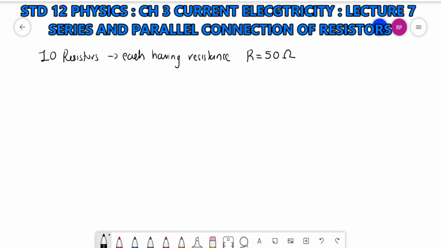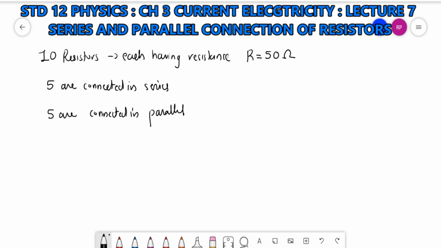Now, 5 are connected in series and 5 are connected in parallel. So there are two loops in one. 5 resistors are connected in series, and another 5 resistors are connected in parallel, and these both are connected in series. Clear?